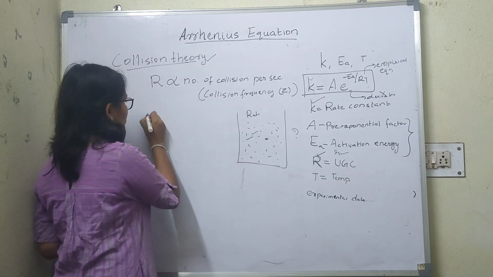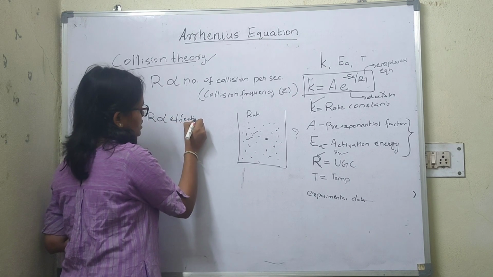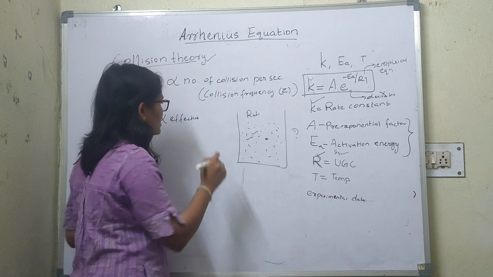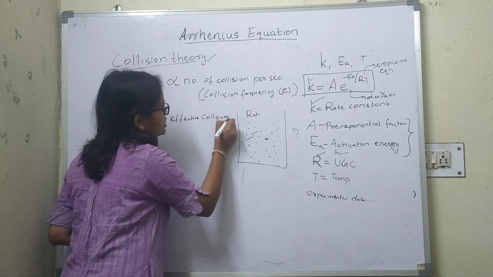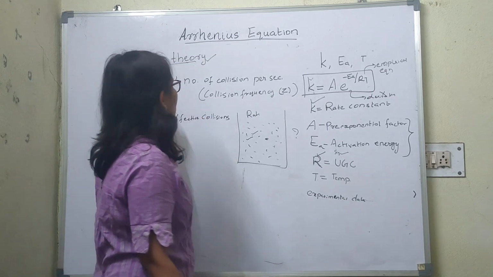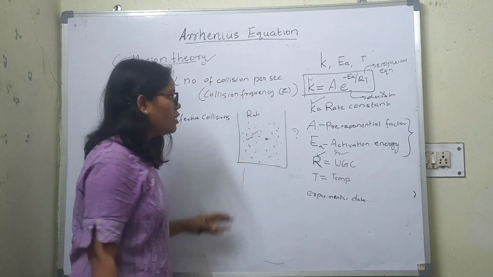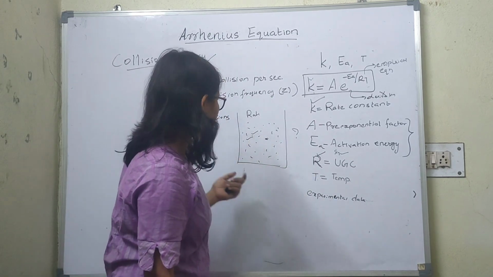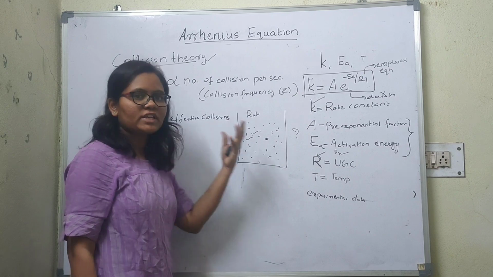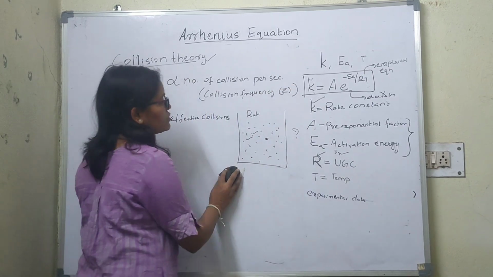So rate will be proportional to effective collisions or fruitful collisions. So we'll in a while see what are these effective collisions. So till here we saw that rate is proportional to the number of collisions per second, that is collision frequency. But all the collisions do not lead to the formation of product. There are certain collisions which are called effective collisions that will give you the product. So now let us see what are effective collisions.